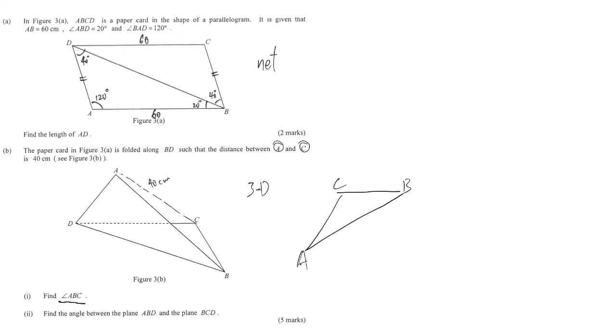So I approximately draw, maybe it is like this, C, B and A. Our criteria is AC is equal to 40. And then BC, don't forget it. Just now we found AD is around 31.9 something. So CD is also 31.9 something.